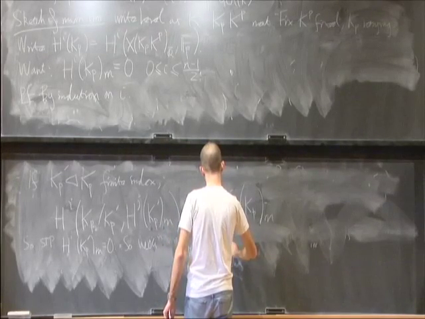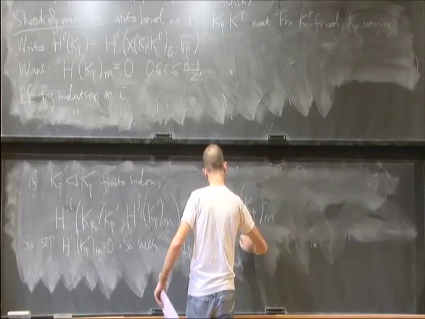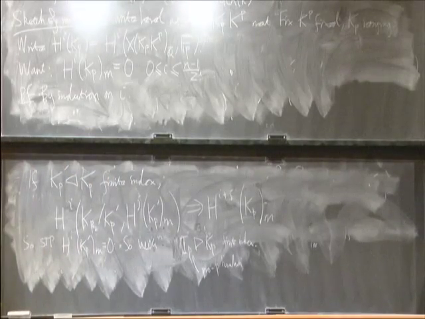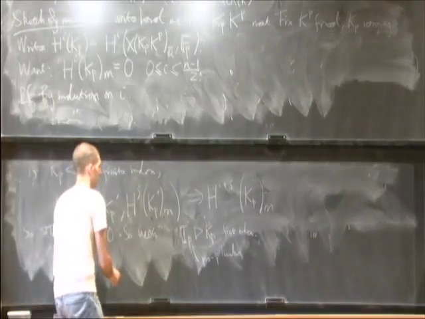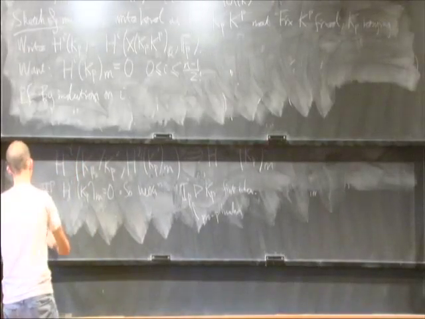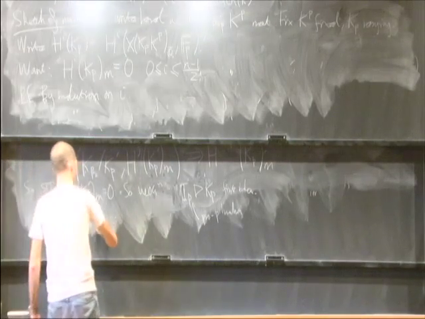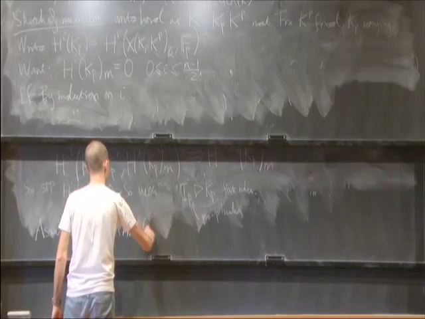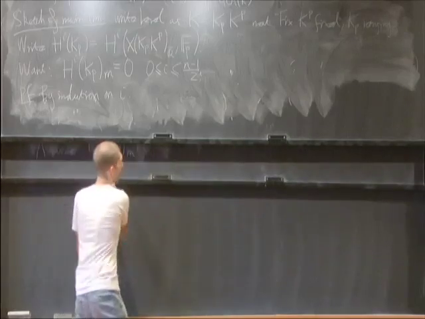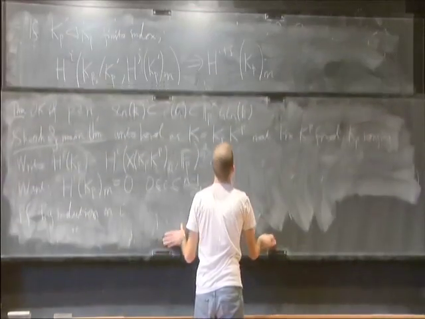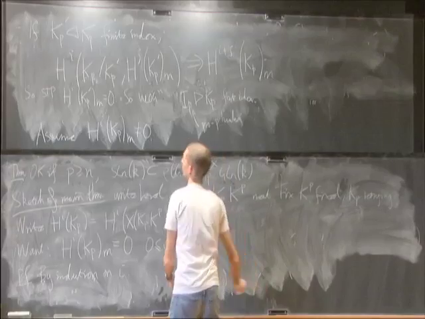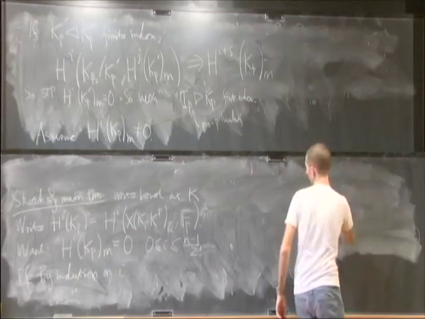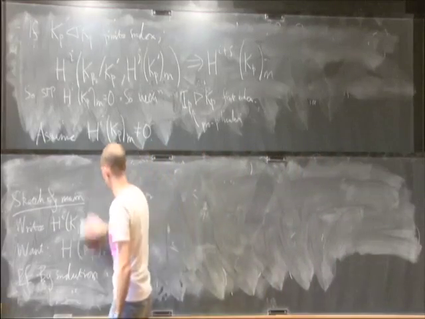So this again is finite index. Let's phrase this by contradiction, because that's how I think. So it's assumed that at this level, I have something non-zero, and what I want to do is deduce that I have something non-zero at this Iwahori level.